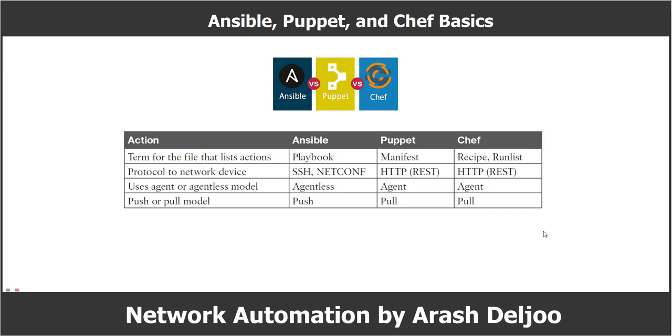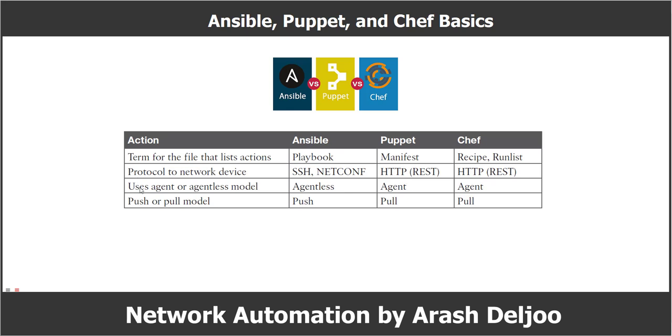Let me review. About the term for the file that lists actions: in Ansible, we have the playbook. In Puppet, we have the manifest. And in Chef, we have the recipe and run list. For the protocol to the network device, in Ansible we use SSH and NETCONF. In Puppet, we use HTTP, and in Chef, we also use HTTP.